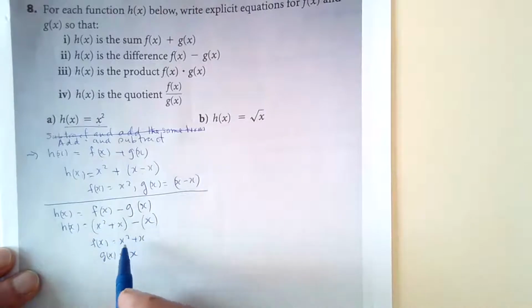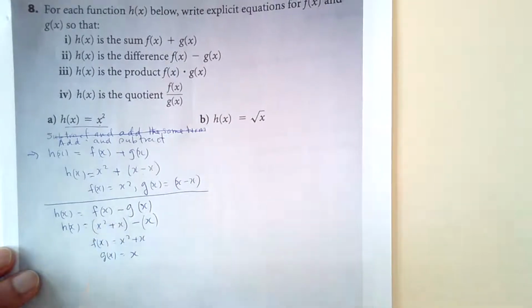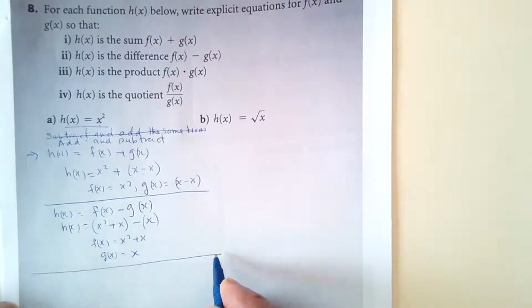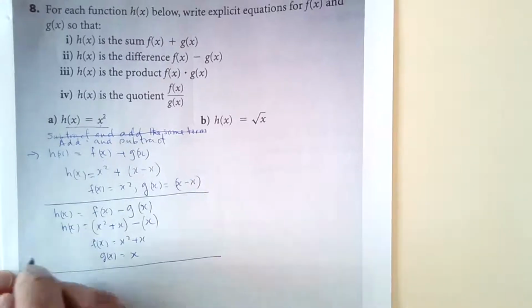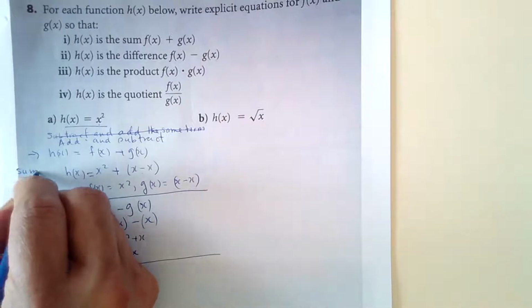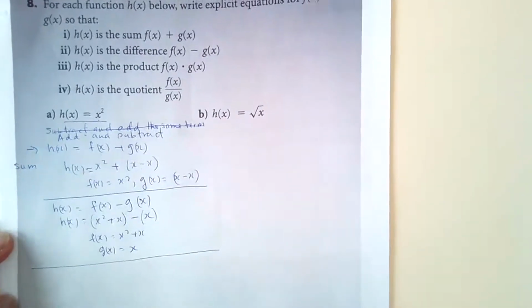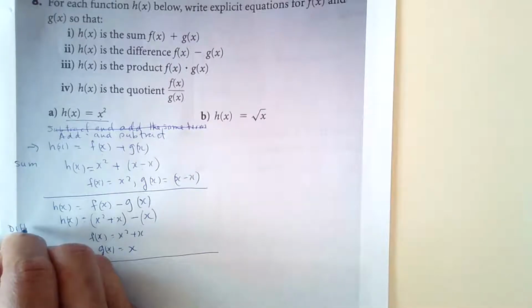So that will give me my same result. X squared plus x minus x will still give me x squared. So this is the sum and the difference.